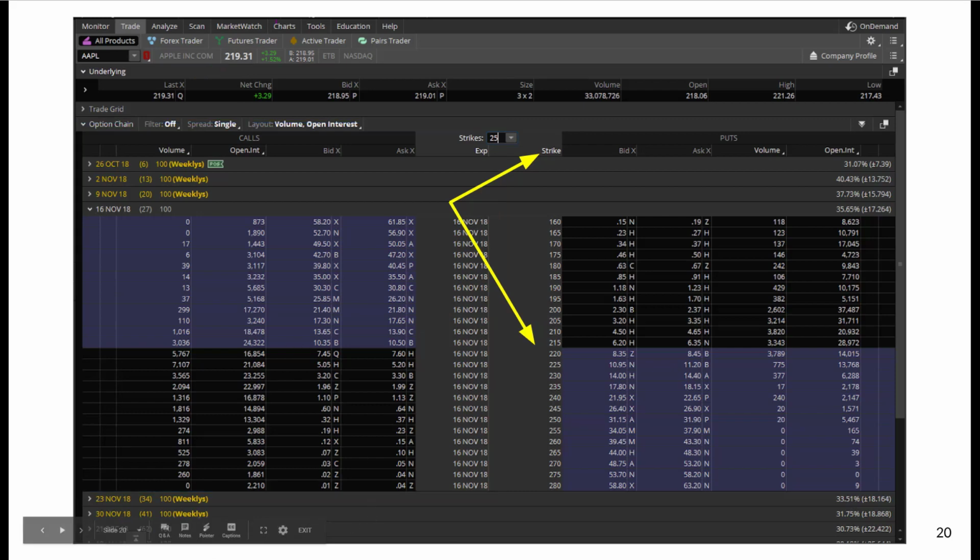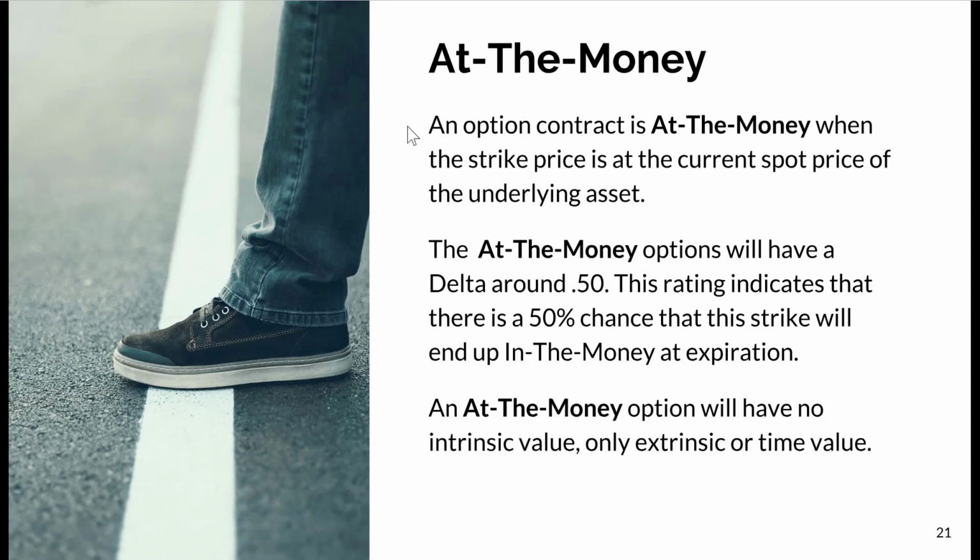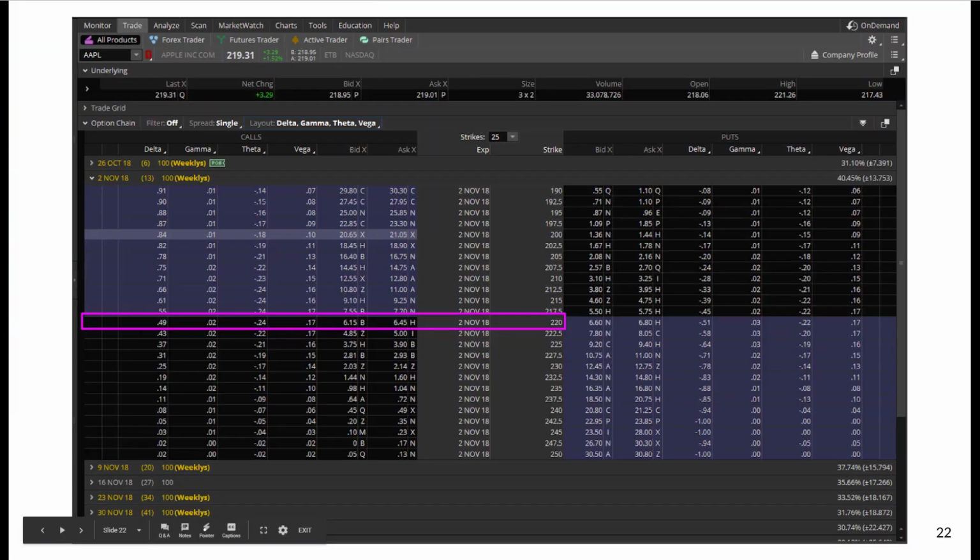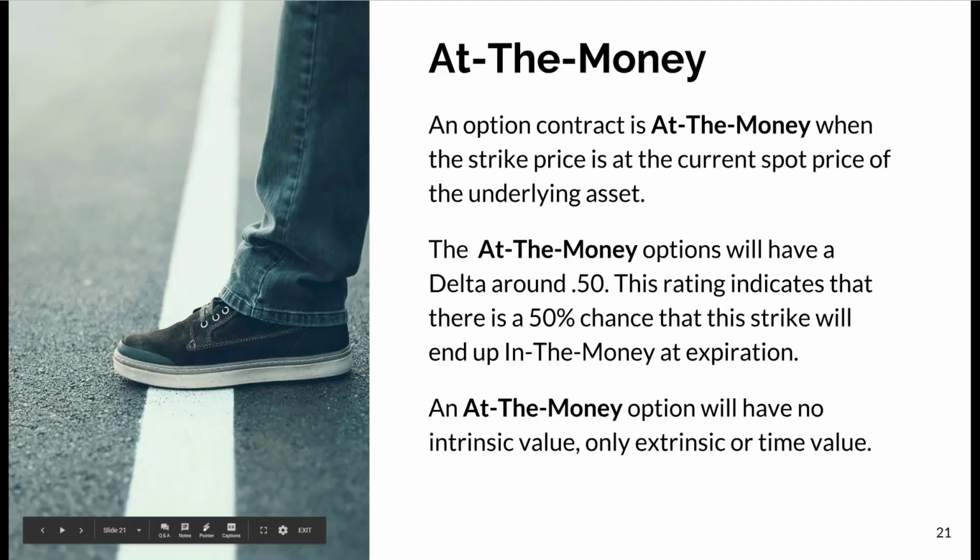All right. Next, and I mentioned this already, at the money. An at the money contract is when the strike price is at the current spot price of the underlying asset. In the example I just gave, Apple was trading at 219.31. So you would be buying the strike closest to that, 220 in this case. The at the money option will have a delta around 50.